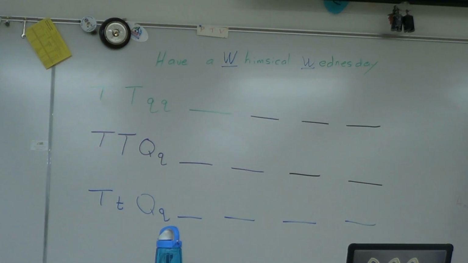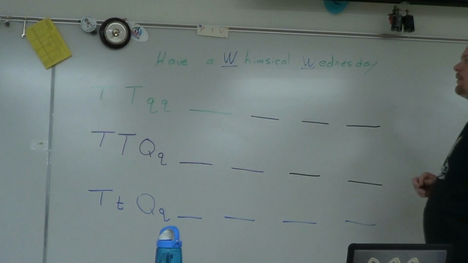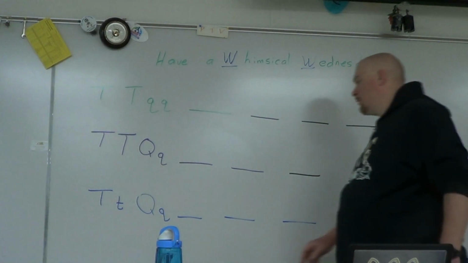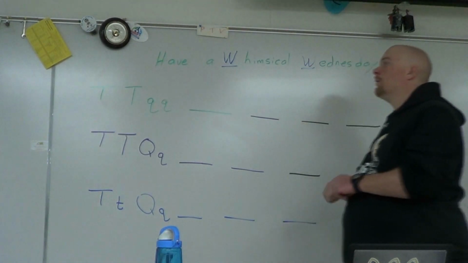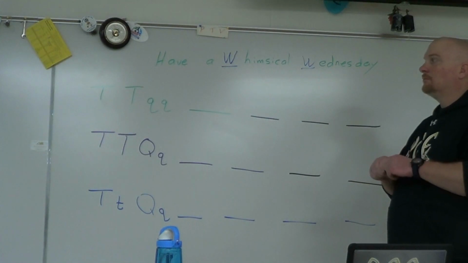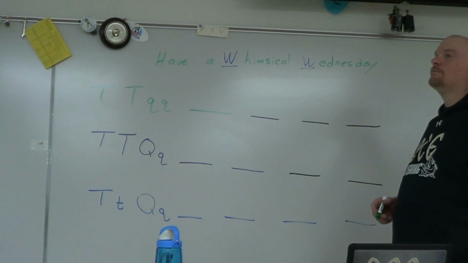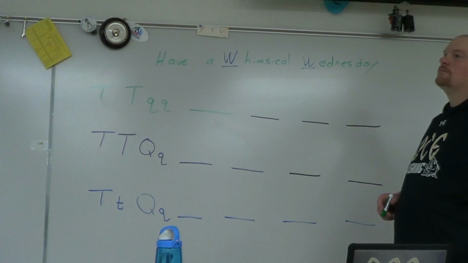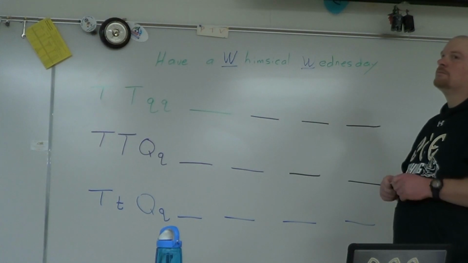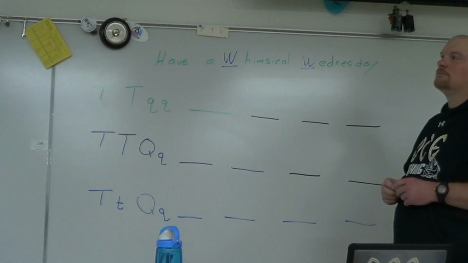So what we have on the top of your sheet, we also wrote on the board. We have two traits. It doesn't matter what the traits are. It's T's and Q's. The idea is, what are all the possible combinations that we can get? Independent assortment says that your T's are independent of your Q's, and they have no bearing on each other.